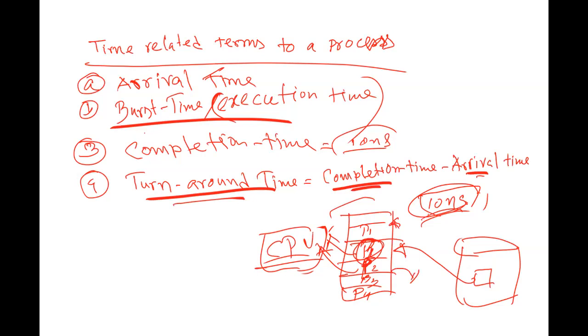From this you can also see how long a process stays inside the memory. When it comes into the RAM the first time and then completes its execution, how long it stays inside the RAM is referred to as the turnaround time.